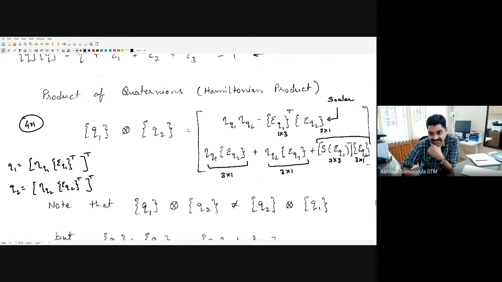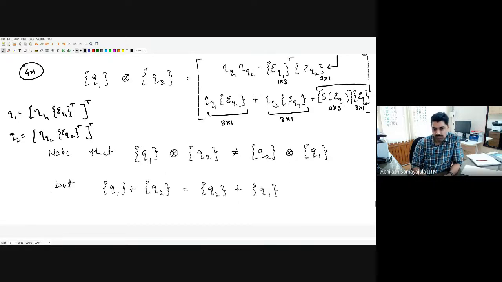Okay, that is the reason why these two products will not be the same. So notice that this product of quaternions is not commutative, which means the order in which I take that product really makes a difference on what is the final answer.